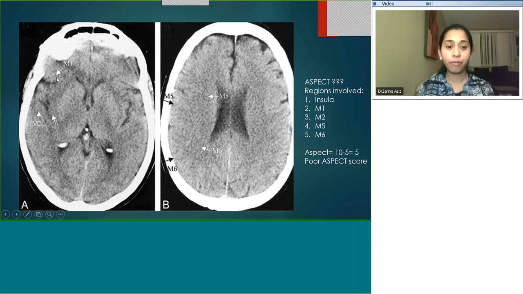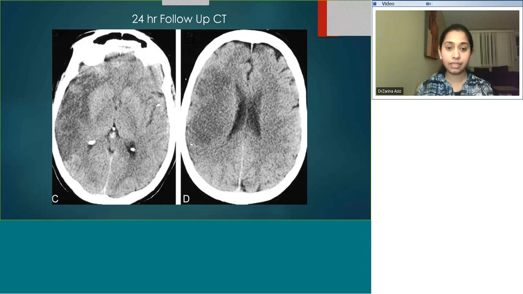So almost 5 areas, like M1, insula, M2, M5, and M6, are showing this hypodensity, and so 10 minus 5, the ASPECT score is 5, which is a poor ASPECT score. And such patients should not be taken for treatment, because if you open up the vessel, they are going to have devastating hemorrhagic transformation. The same patient on 24-hour follow-up, you can see well-established infarcts at the regions I had mentioned earlier.